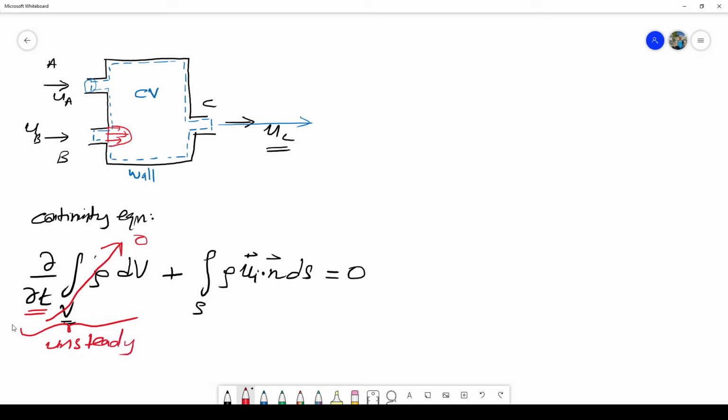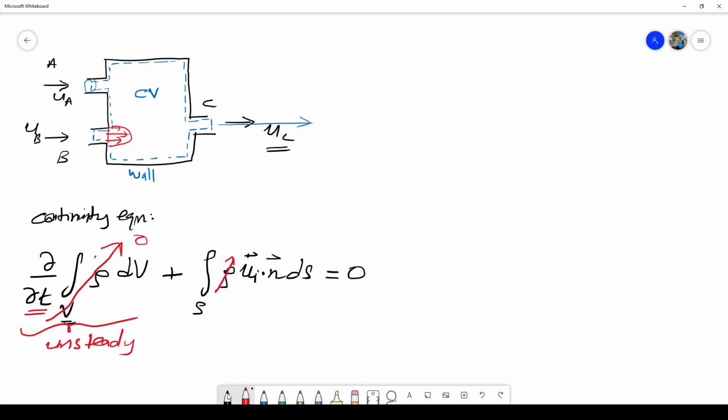So for a steady problem, the term that contains the change in time can be dropped from this continuity equation. Then the density is constant, so we can ignore the effect of the density in our problem.